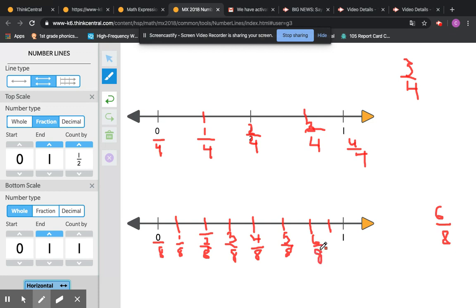And I can continue, but since I already found the one that I was looking for, I'm just going to leave it up to there.